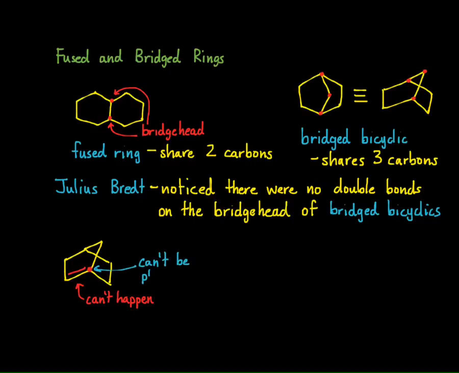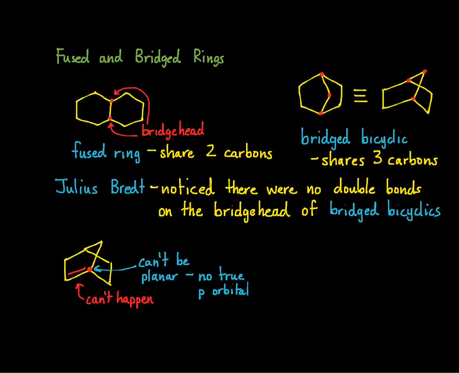If we think about geometry at that bridgehead, because we have a puckered molecule, that carbon can't be planar. An sp2 carbon is trigonal planar. To have that p orbital, that means there's no true p orbital here.